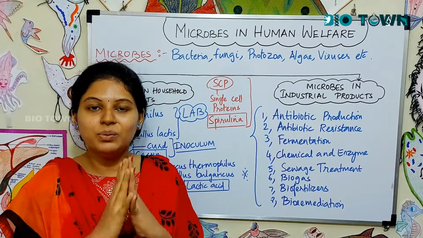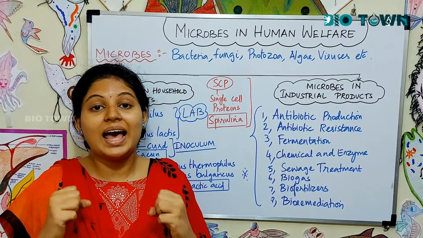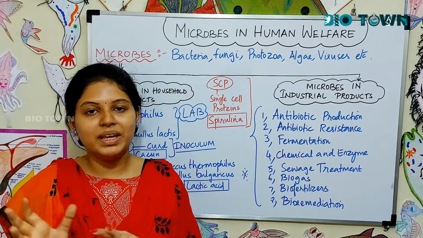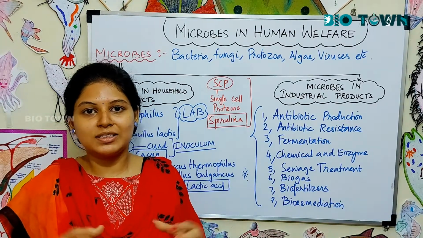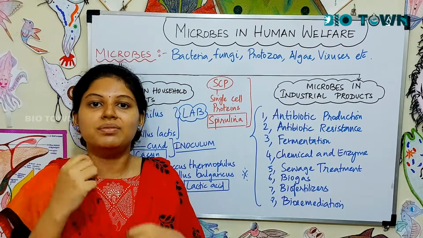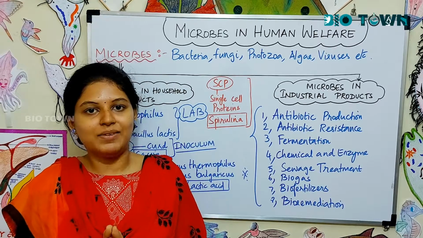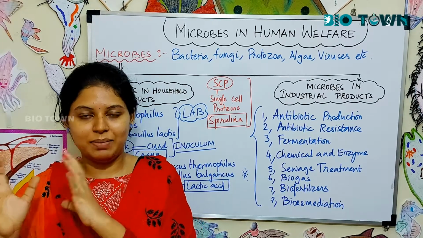The major feature of these microbes is that they live in a highly acidic environment, maybe with a pH lesser than 6, lower than the neutral level. That's why we call them lactic acid bacilli.